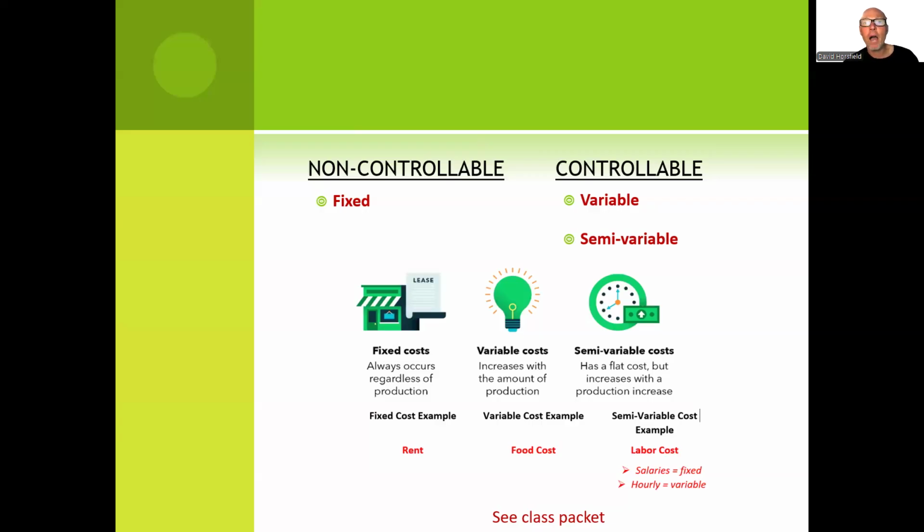But the hourly labor is a variable cost. We use more hourly labor the busier we are, and less hourly labor the less busy we are. So semi-variable costs are a mashup of some fixed and some variable costs that roll in together. And a great example is labor. Management labor, fixed. Hourly labor is variable.